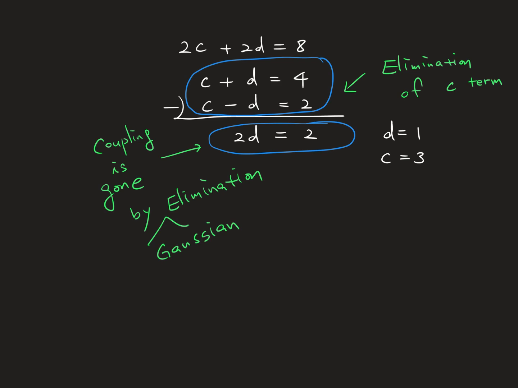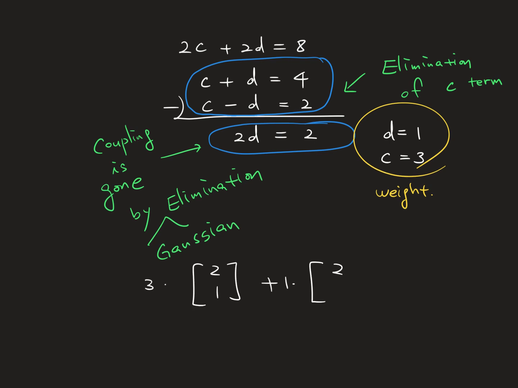So these values are the weights of the vectors that satisfy the equation. So we can write this as 3 times the vector 2, 1 plus 1 times the vector 2, minus 1 is equal to 8, 2.